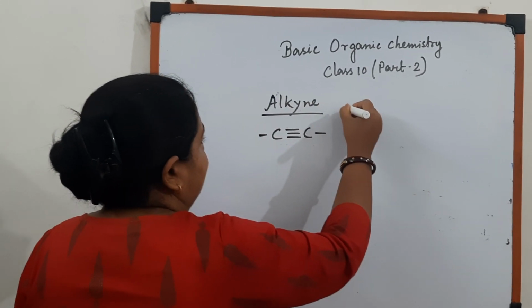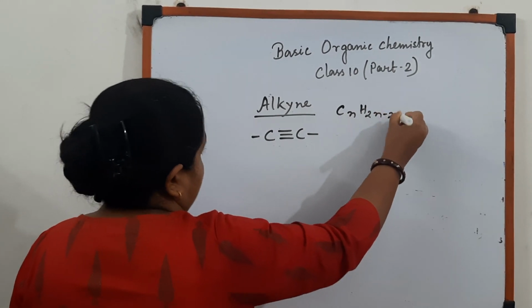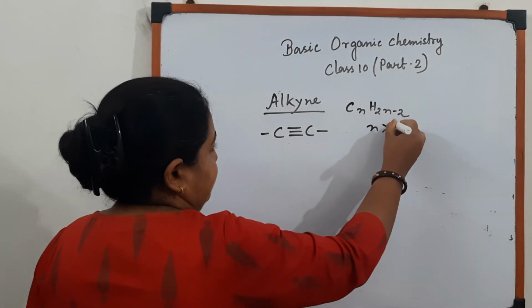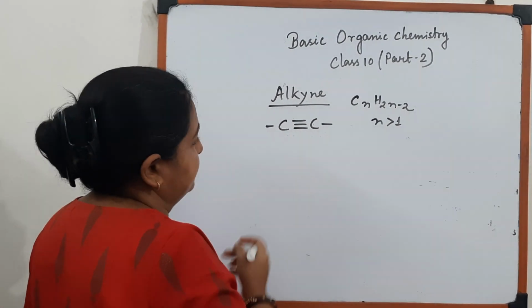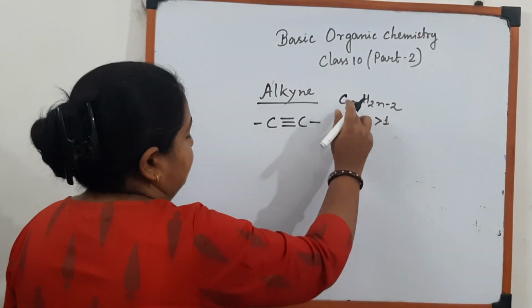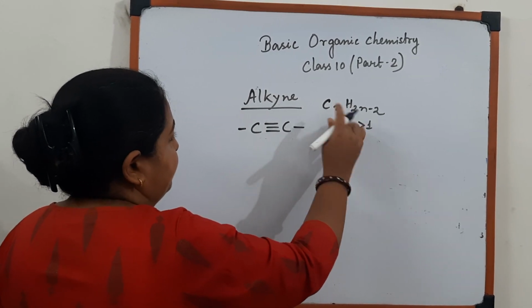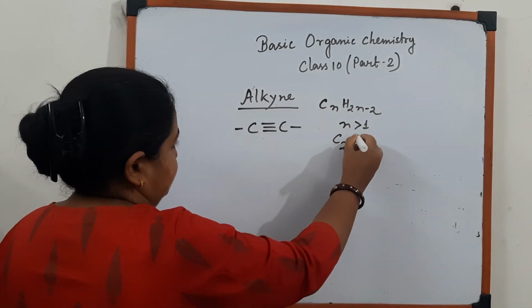The general formula for this is CnH2n minus 2. To put the triple bond we need n definitely greater than 1. We can't put a triple bond with 1 carbon because we need 2 carbons. So the minimum value of n will be 2. Then the molecular formula is 2 twos are 4 minus 2, that is C2H2.